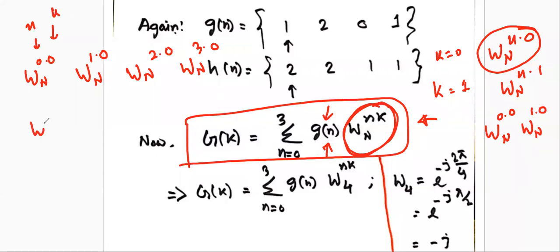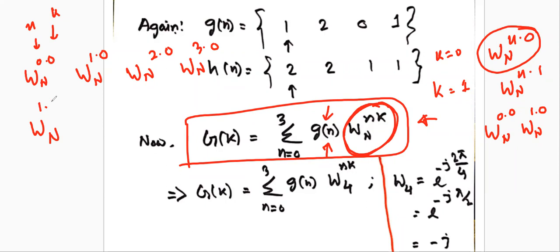Similarly, we can write W_N with n equals 1 and k equals 1. Sorry, I made a mistake. n equals 0 and k equals 0, okay, yeah.